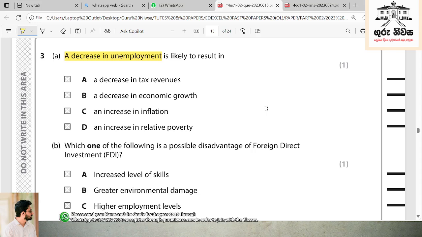Example, let's say there are two types of poverty. Number one is absolute poverty.